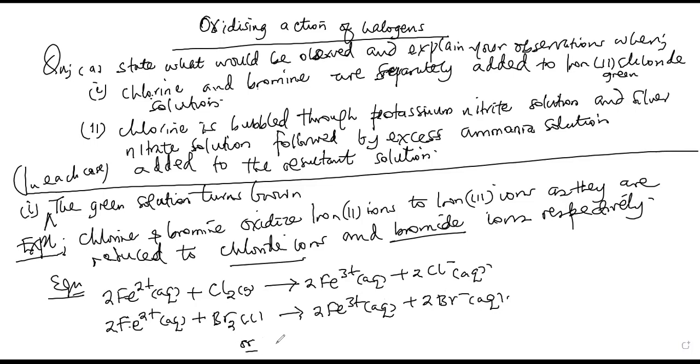Or you can write iron 2 chloride solution reacting with chlorine gas, and the iron 2 is oxidized to iron 3. Is that true? So that is what we found.